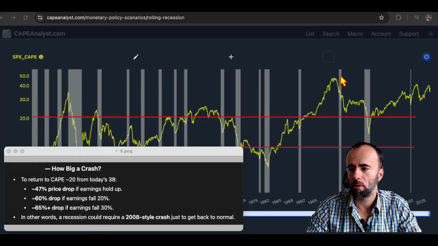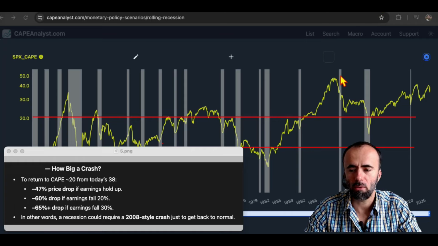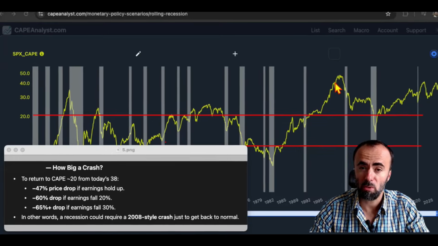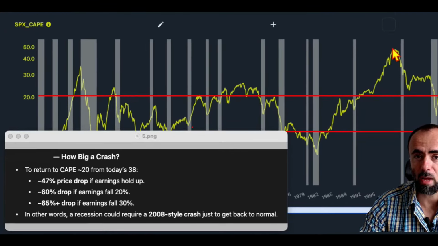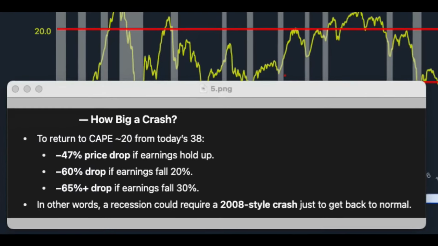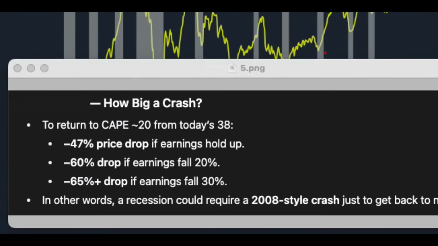So how big a crash can we get if we do get a recession, or when we get a recession? Eventually a recession will come. For the CAPE to return to 20 from today's 38, if we assume that earnings don't change, so companies earn just as much during a recession as before, then we need a drop of 47% in prices for CAPE to come down to the normal 20.